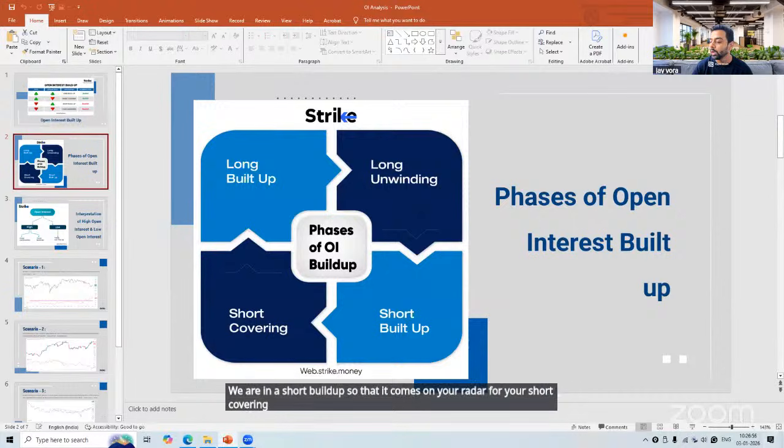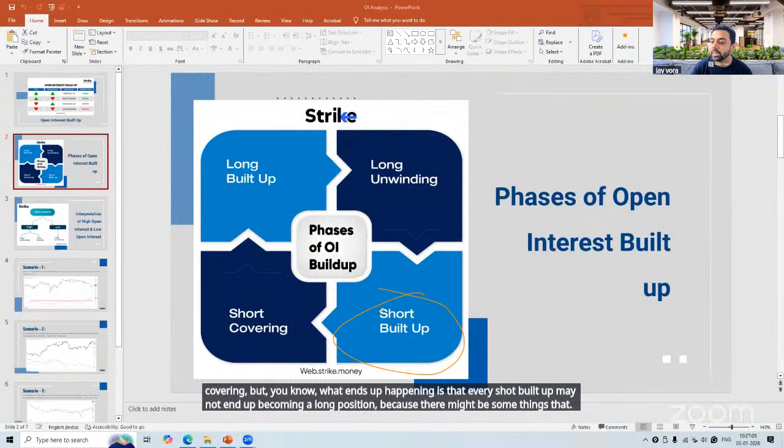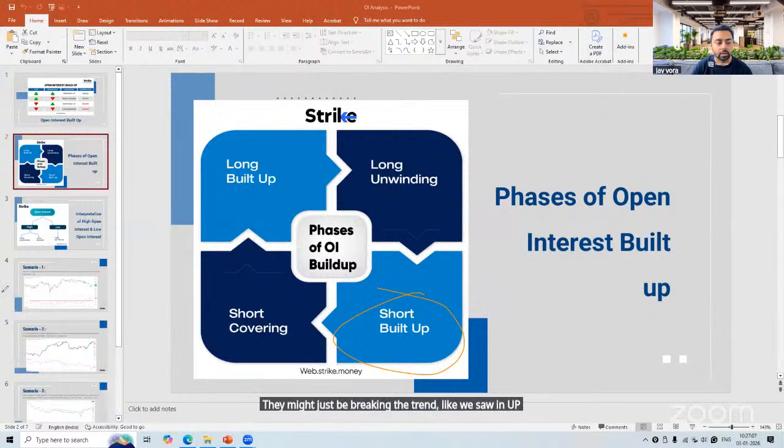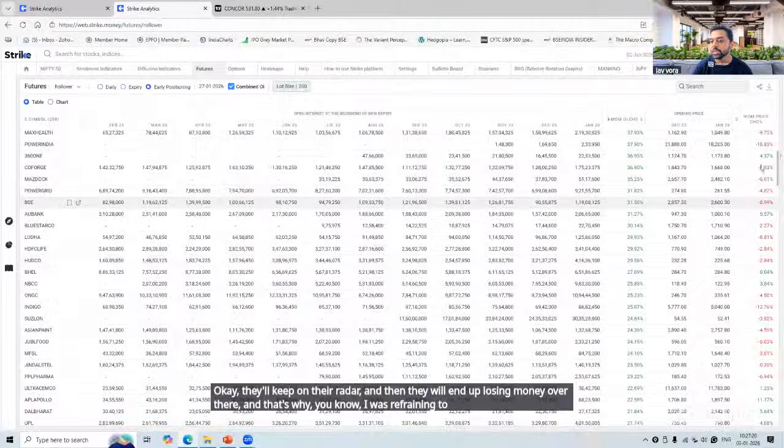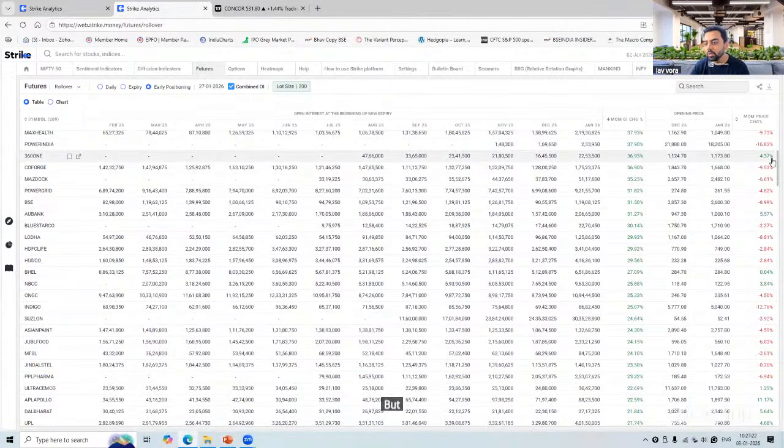But every short build up may not end up becoming a long position, because there might be some things that are just breaking the trend, like we saw in UPL earlier, right? So people may look for shorts, keep them on their radar, and then end up losing money over there. That's why I was refraining from putting an interpretation, but we have got a lot of requests for that. So we are going to put that.